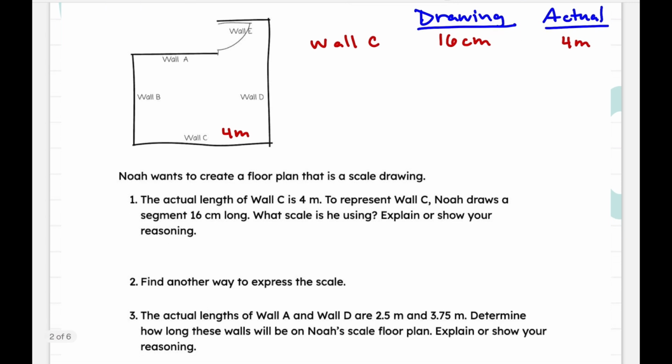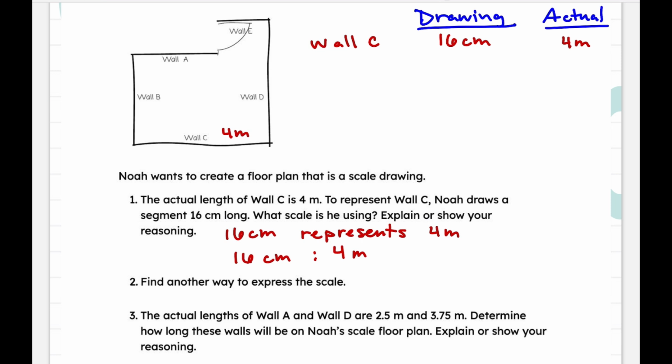So the scale is 16 centimeters represents 4 meters. If you're a lazy mathematician like I am, I might just use a colon instead of the word represents. Because really, when we have scale drawings and we have these measurements, it is just a ratio.